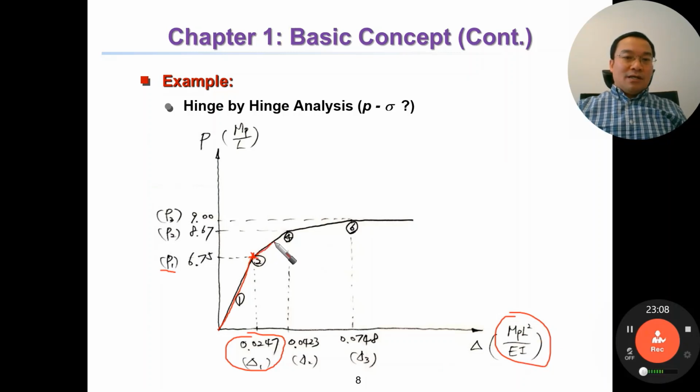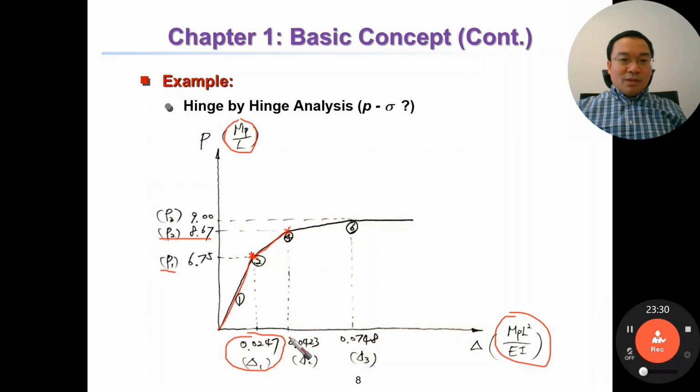And this part is elastic-plastic of the first hinge. So this is the first hinge, and the second hinge occurs here. The load corresponding to the second hinge is P2, P2 equal to 8.67 multiplied by MP over L.